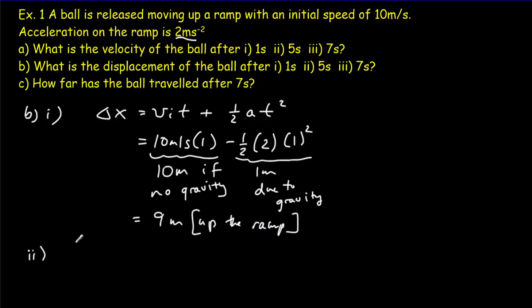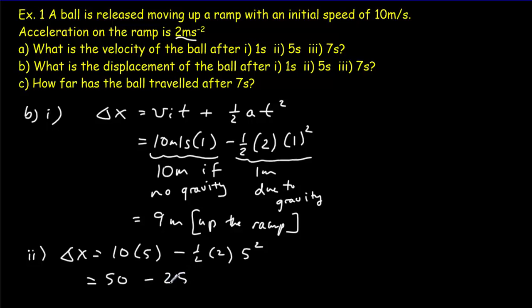And then we do this exactly the same in parts 2 and 3. Let's quickly solve for those. We would have 10 times 5 minus 1/2 times 2 times 5 squared. We're going to get 50 minus 25, and that'll give us 25 meters. Right? And after 5 seconds, that's the turnaround point. This is at turnaround.